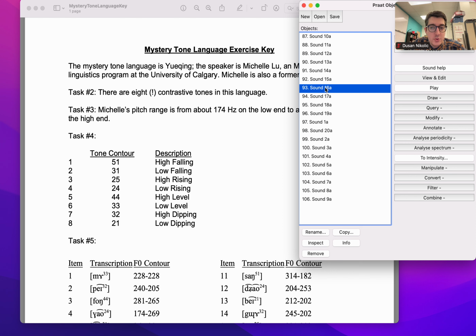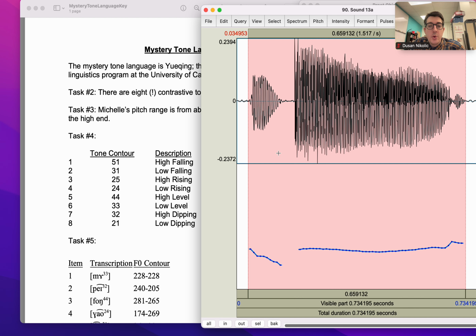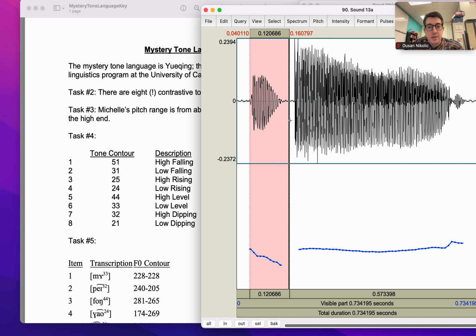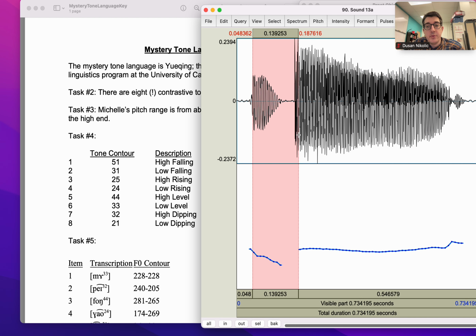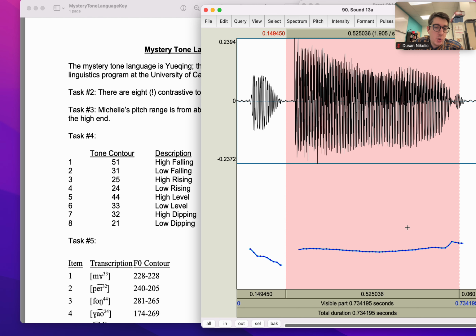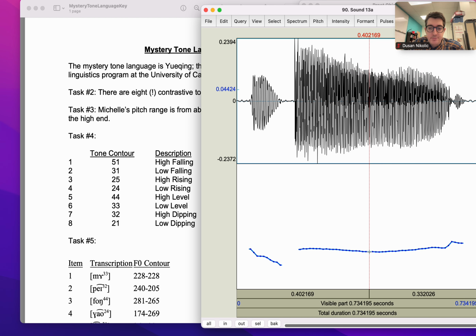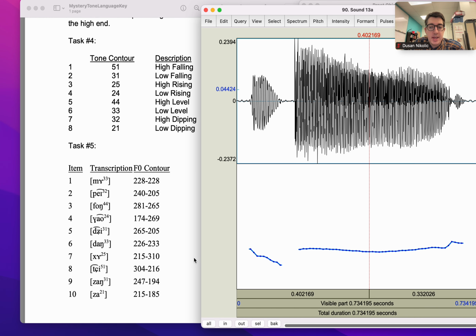I'll maybe choose another one, 13. Let's say 13, lucky number. Well, this one obviously has a little bit of voicing here, or pre-voicing. That's why it captured it, but essentially it's quite a level tone, and it's 202, so 1-1 or 2-1 or something like that would be okay.